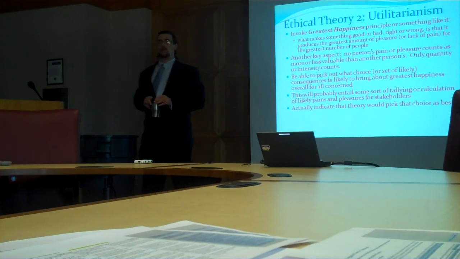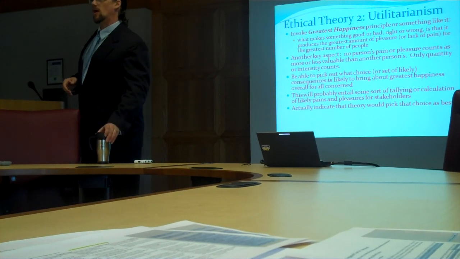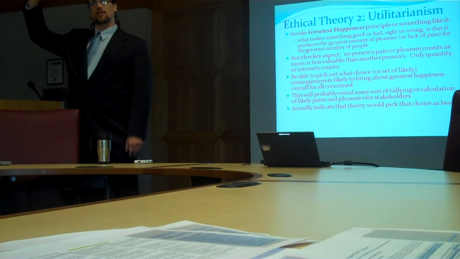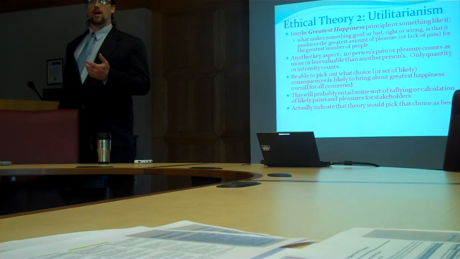Now, how do utilitarians actually do this in practice? They actually tend to draw up lists and they start assigning numbers to things. I don't know that your students have to do that on, how long do you give them to do these tests? An hour? Yeah, a class period.